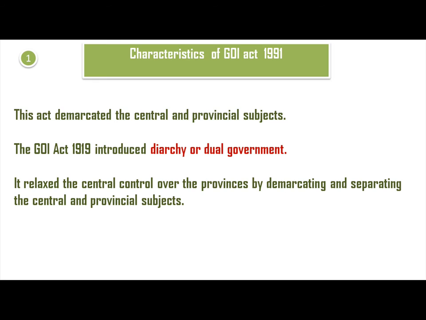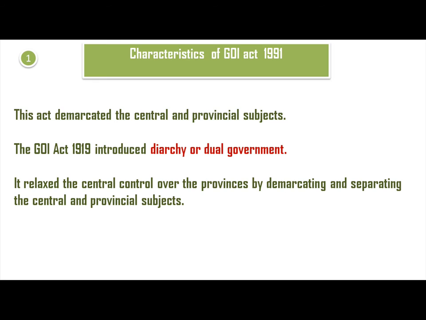Through this act, the control of the central government was relaxed. The central government will have some control on the provincial government, but by demarcating the central and the provincial governments, the central government's control over the provincial government has been relaxed.